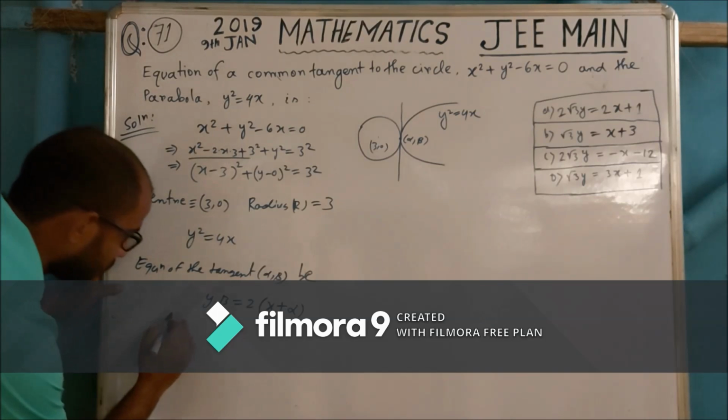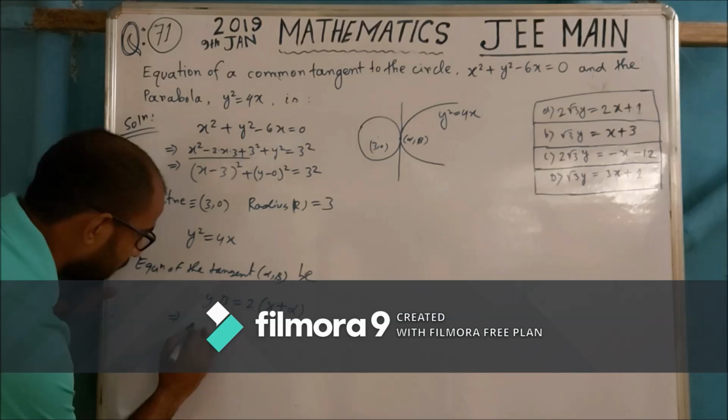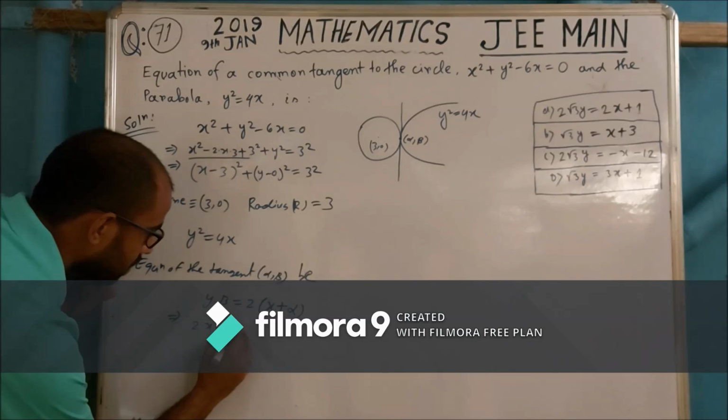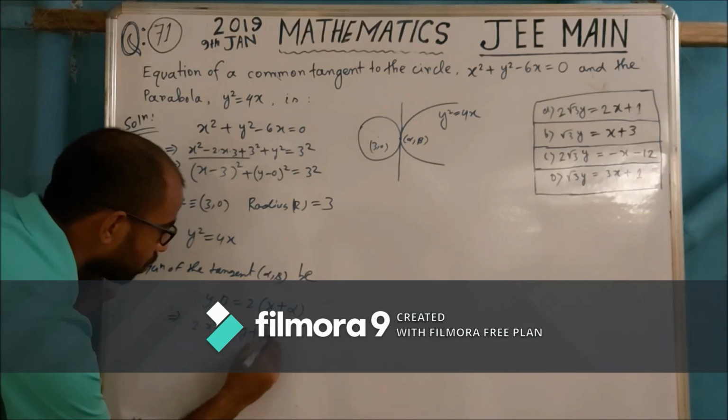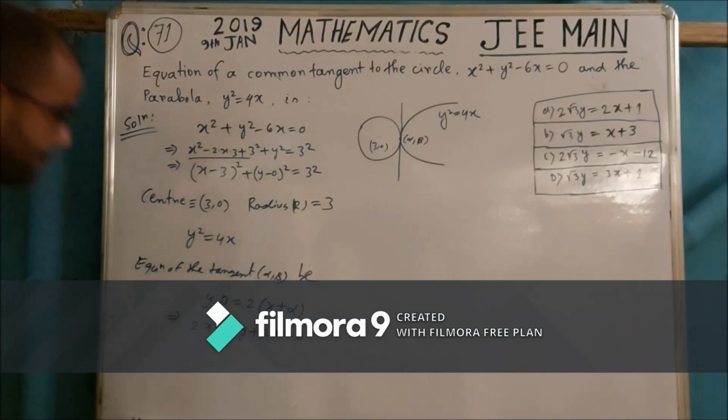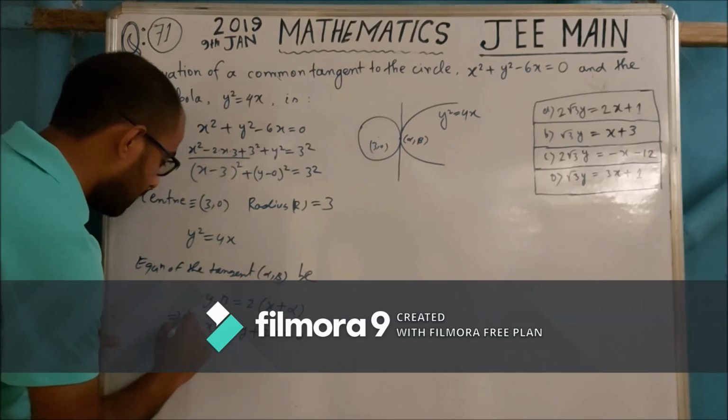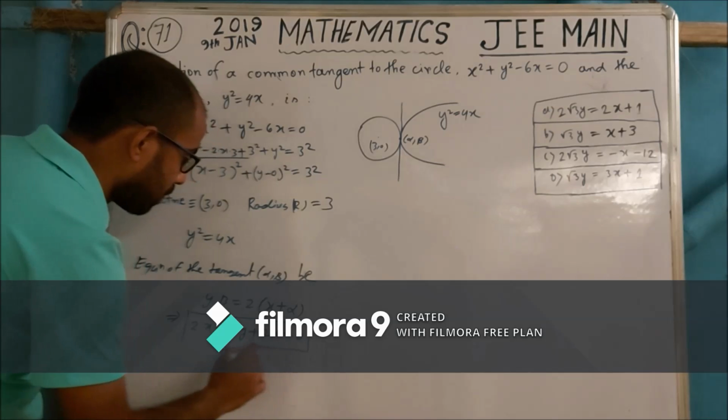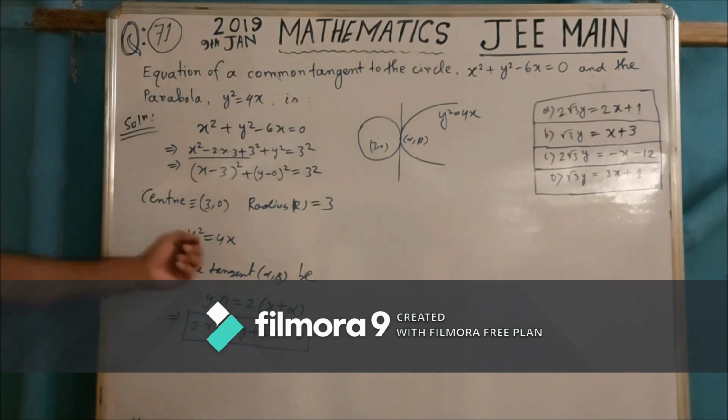Simplifying, we get 2x minus beta y plus 2 alpha equal to 0. This is the equation of the tangent to the parabola at the point (alpha, beta).